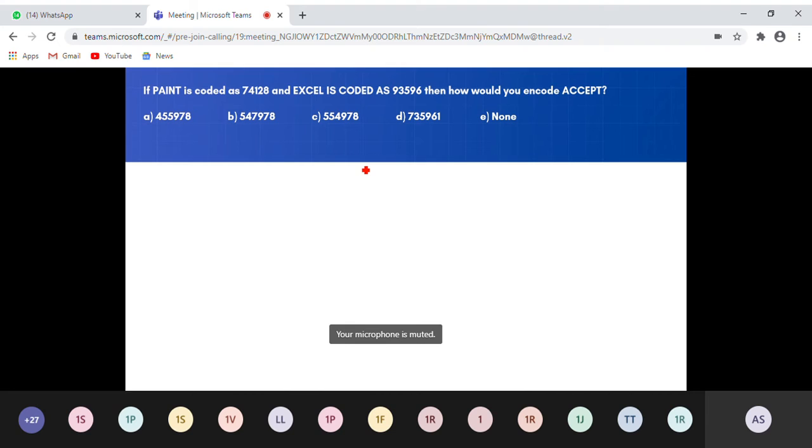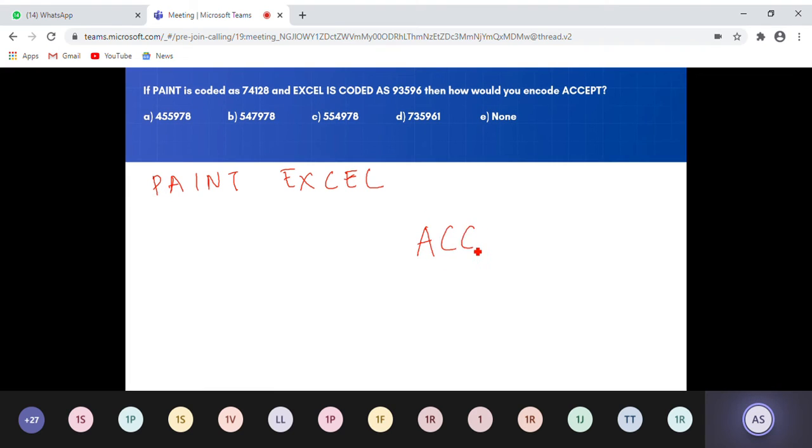Next one, very simple. How would you write accept?